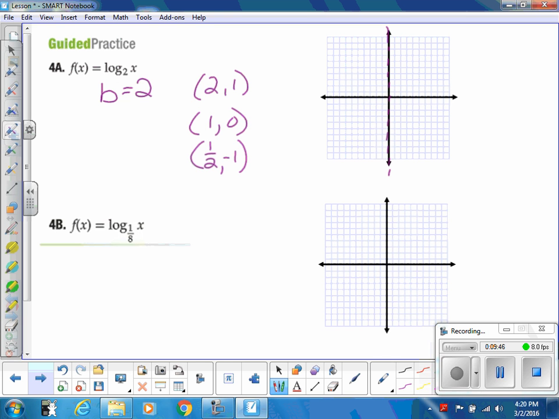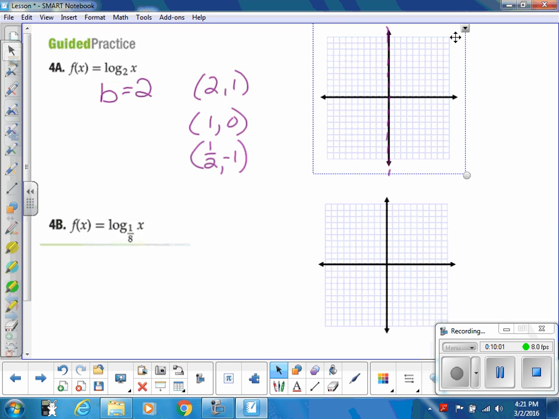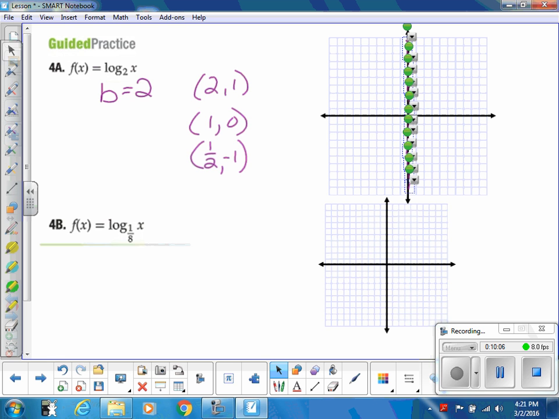Now these are kind of small. So I have my point 1, 0. I have my point 2, 1. And my point 1/2, negative 1. And there's my graph.